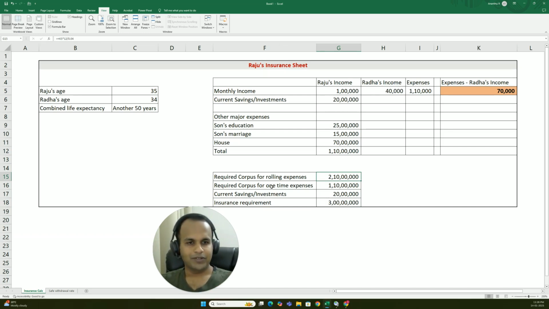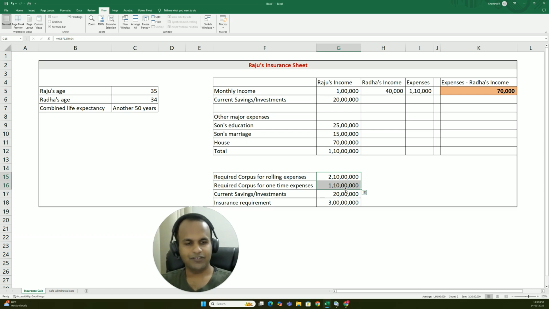Now the required corpus for their one-time expenses. Again, we already calculated it as 1.1 CR. Now we add that together, and whatever current savings or investments they have already accumulated would offset these expenses, right? So when we sum these expenses, it comes to around 3 crore 20 lakhs.